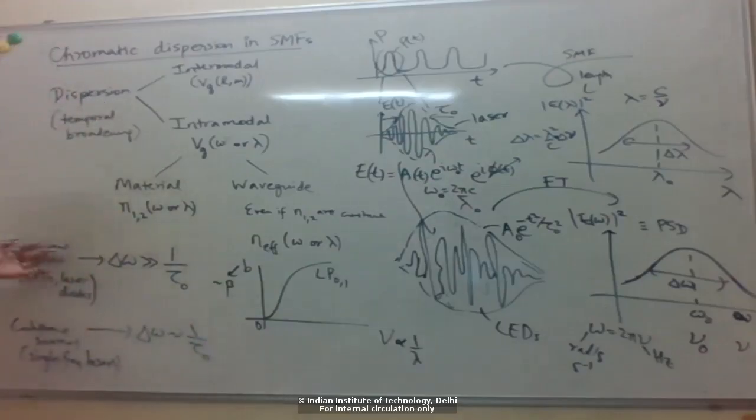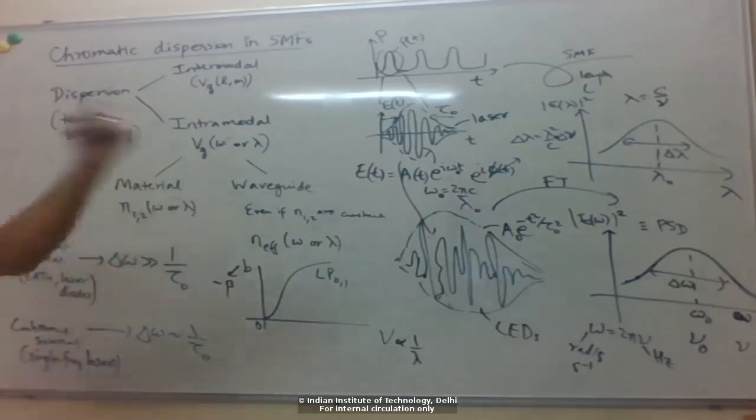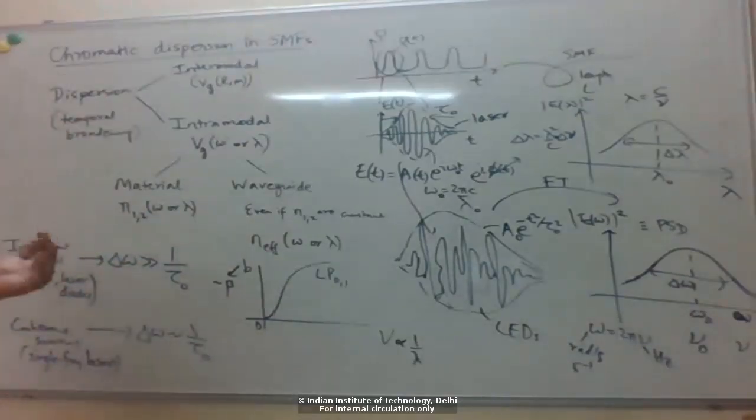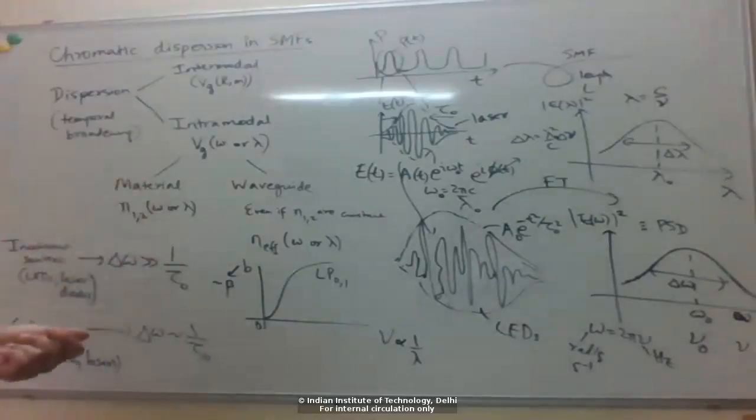But in any case, of course this is much worse, right? Here the bandwidth, so for example, for LEDs, typically the bandwidth in frequency would be a few terahertz, right? Or in wavelength units, let's say if you're working at 1.5 micron, that would be like 50 nanometers bandwidth. Whereas for single frequency lasers, the line width is extremely narrow, right? So the source line width is, let's say, less than a megahertz.